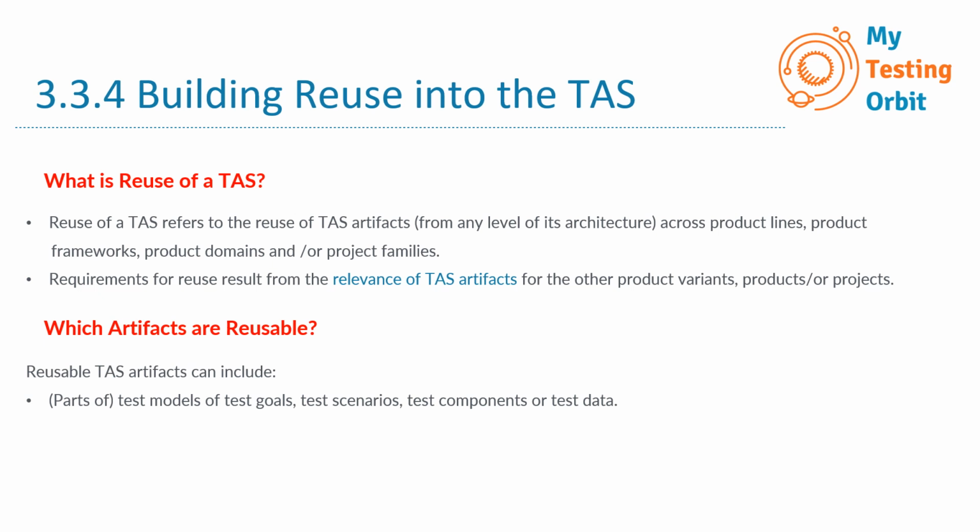So these models are designed to be adaptable for different projects. Then we have parts of test cases, test data, test procedures, or test libraries themselves. So within your TAS, there is a library of reusable test cases and test procedures for common testing scenarios like login and data validation and UI interaction.